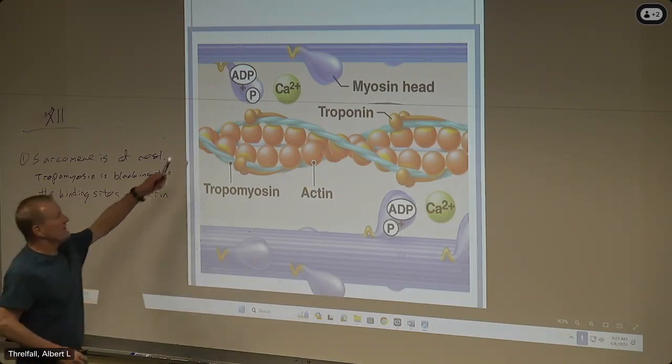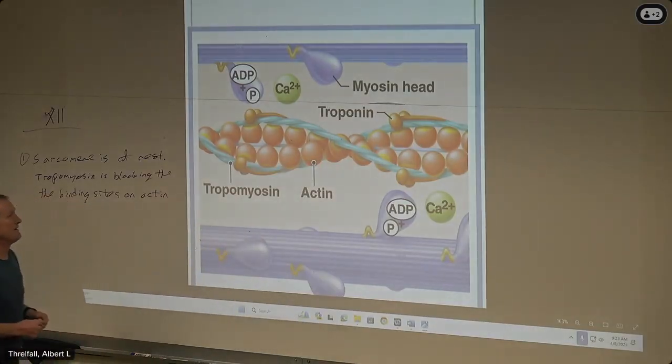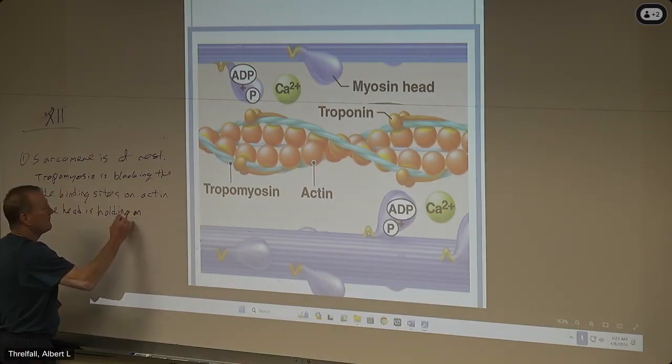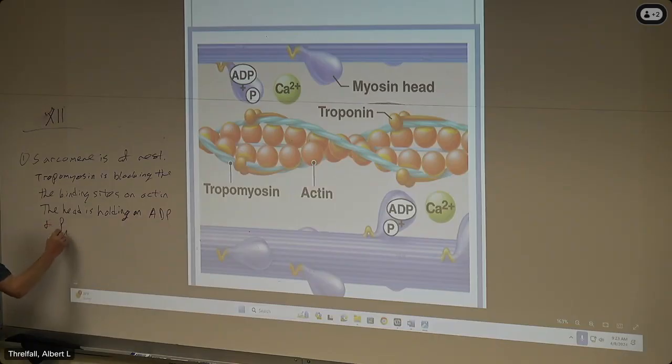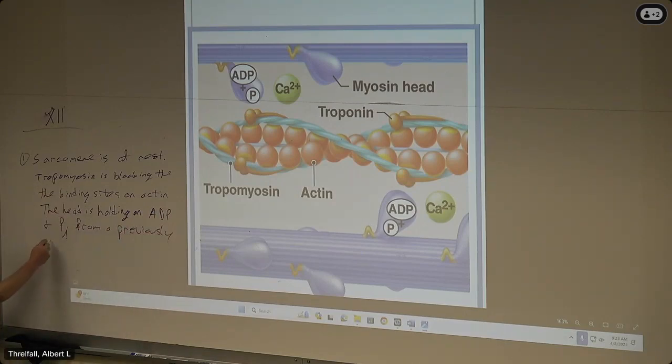The green thing is tropomyosin, blocking these yellow parts of actin, which are the binding sites. The head is holding an ADP and inorganic phosphate from a previously split ATP.